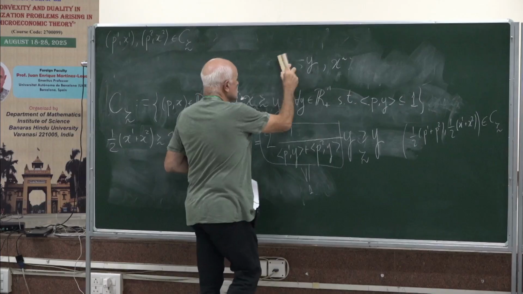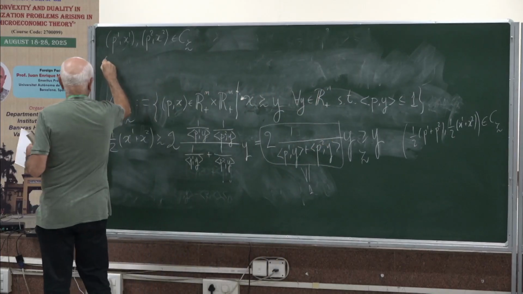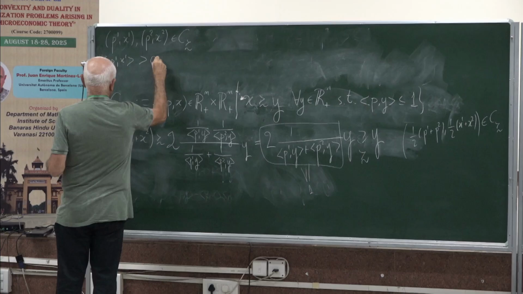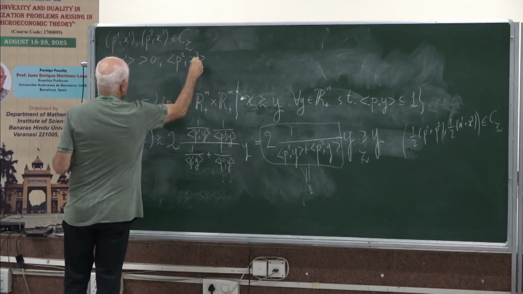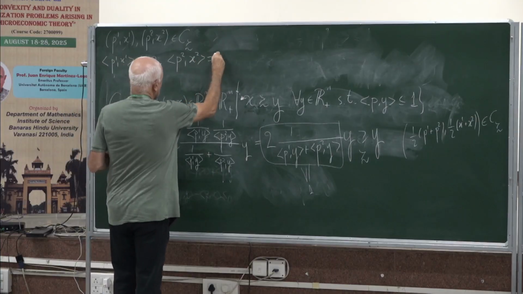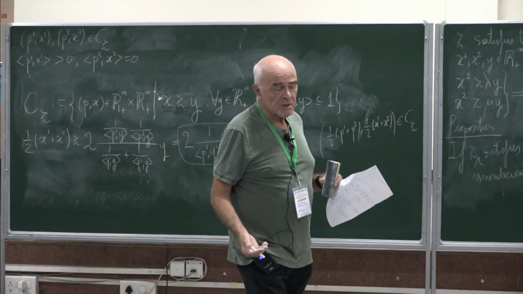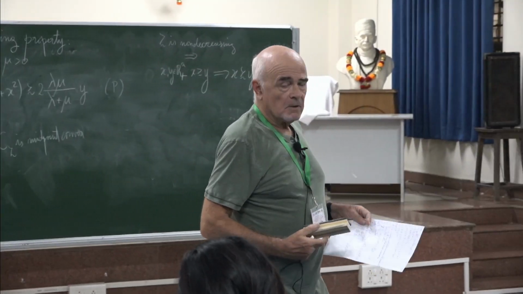So now I consider the case when one of the two, let's say P1 of x1, is strictly positive, and P2 of x2 is 0. This is possible because prices may be 0, have some 0 component. Okay?